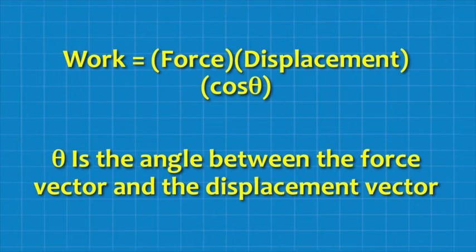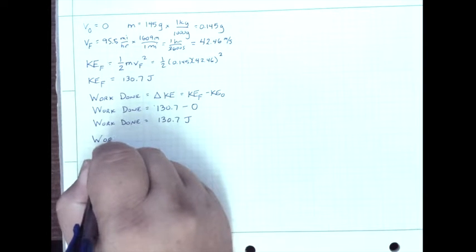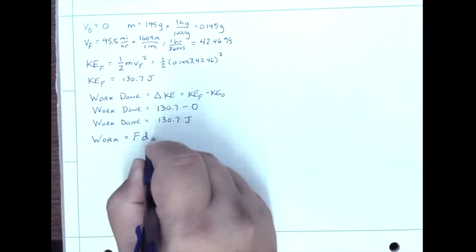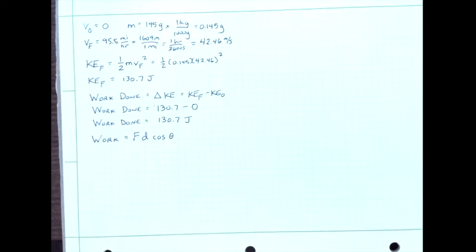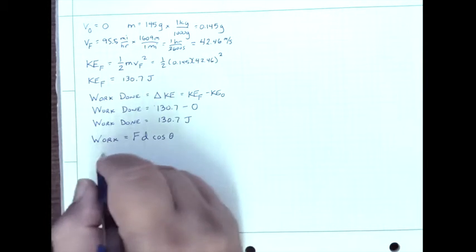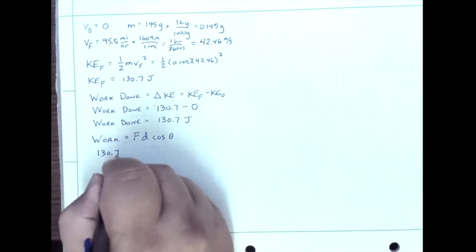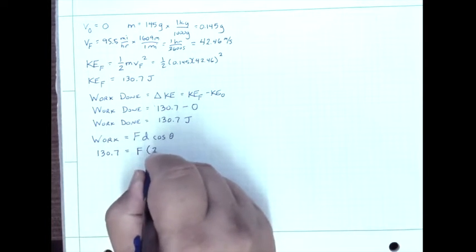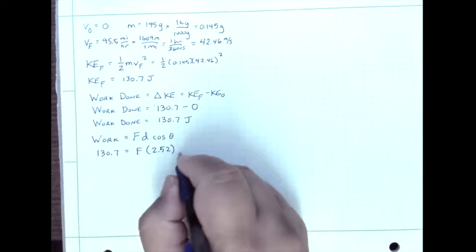Finally, we are asked, what force does the pitcher apply to the ball? Well, this is a situation where we're going to use the other formula for work, where work is force multiplied by distance multiplied by the cosine of the angle between them. We have already discovered that the work done is 130.7 joules. We need to find the force. The distance is 2.52 meters.